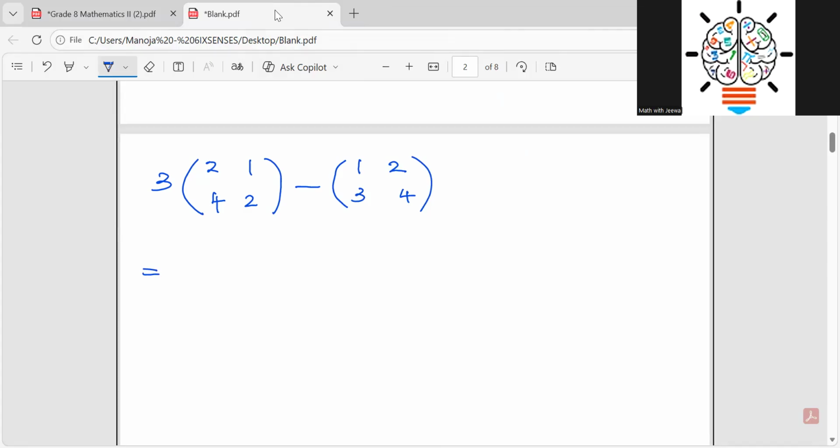Then how do you do this? 3 times 2, 6. 3 times 4, 12. 3 times 1, 3. 3 times 2, 6. Okay. And then we have the second matrix like this. Now you can easily do that.